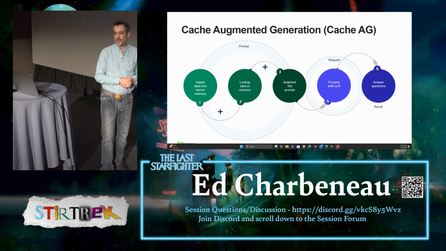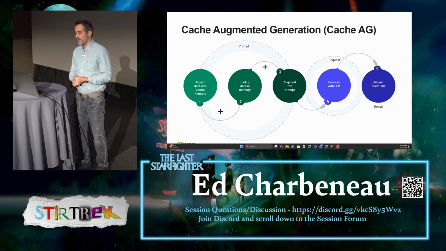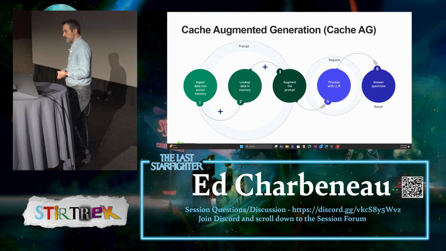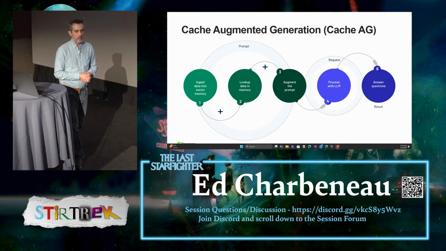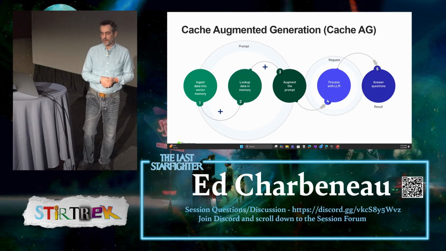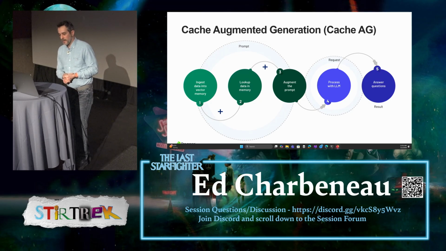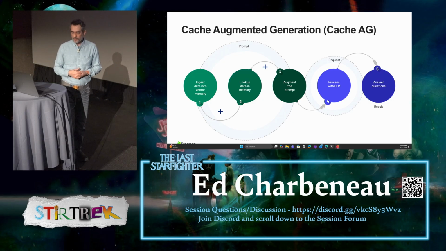We're going to convert that into vectorized data, and we're going to put that in a lookup table in memory. And when the user has a query, we will search through that data and pull out relevant information, inject that into the context window of the LLM, and then we can process Q&A on that data.